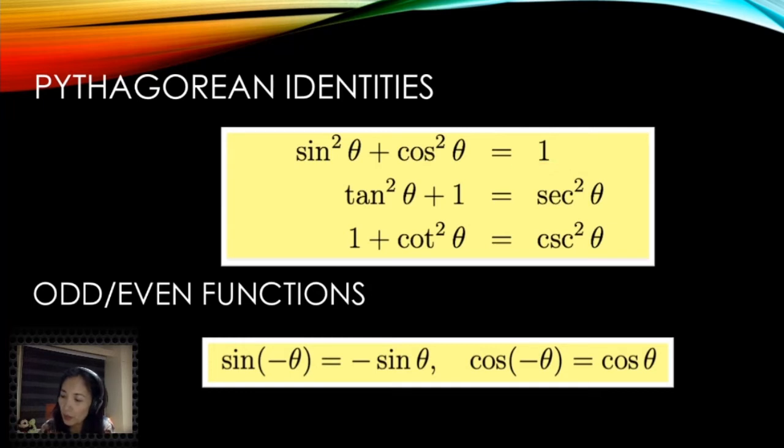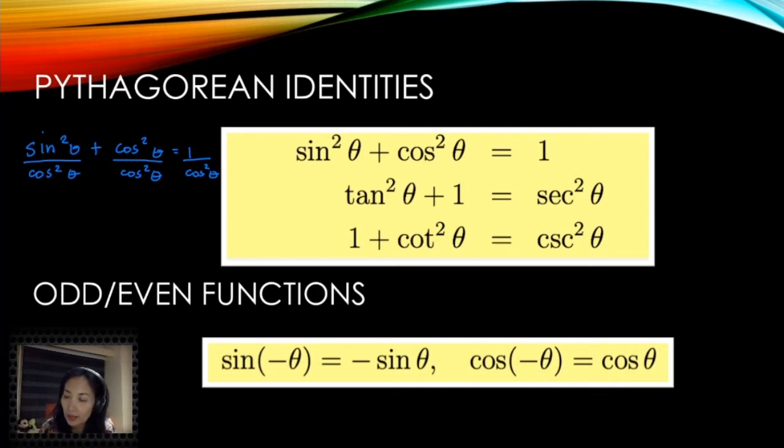So let me show that. From sine squared theta plus cosine squared theta equal to 1, if we divide every term by cosine squared theta, what do we get? You know that the ratio sine theta over cosine theta is tangent theta.